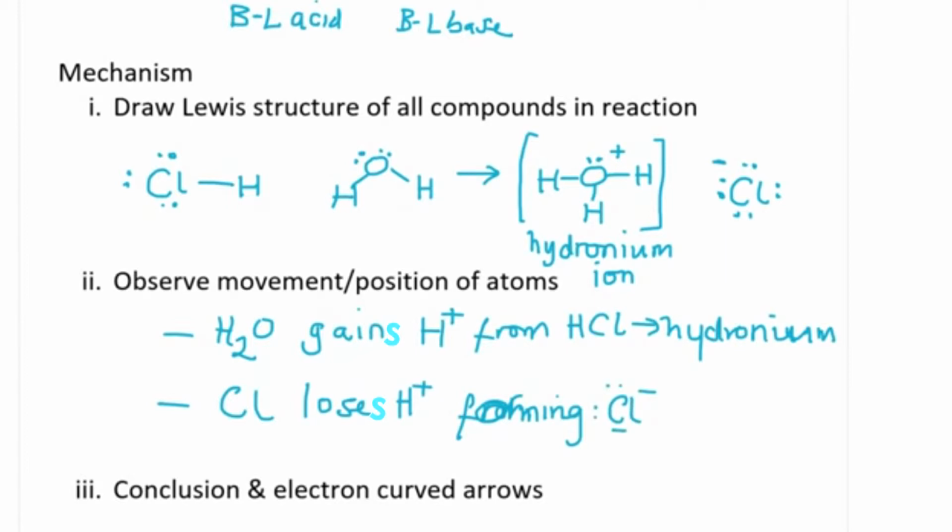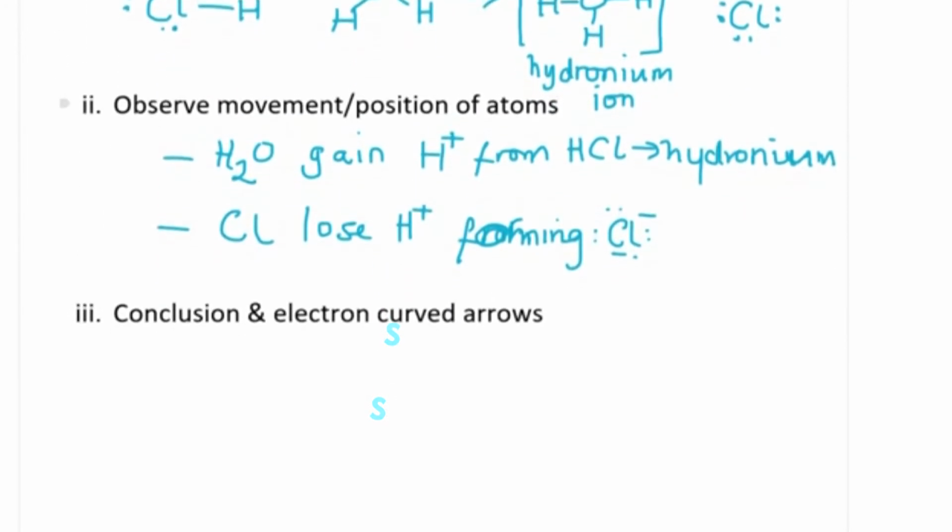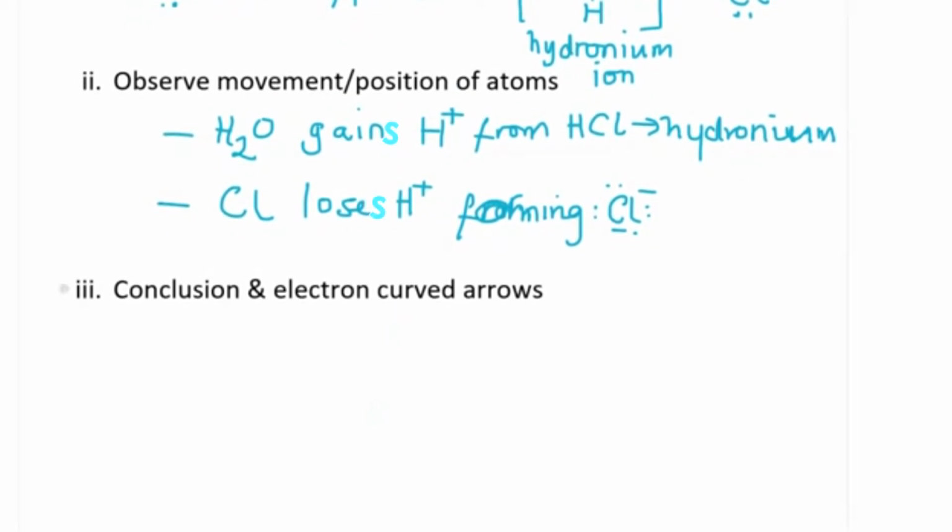Based on these observations, we can come to a conclusion on the mechanism and show the electron pushing arrows. Once you see oxygen right here, oxygen contains negative charge electrons. These electrons cause this particular oxygen in water to be attracted to the proton on the hydrochloric acid.